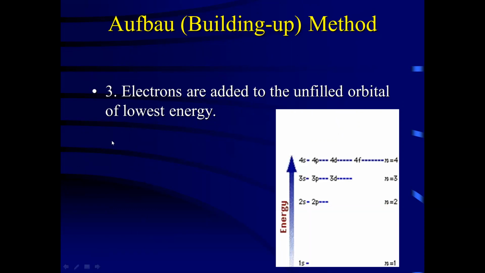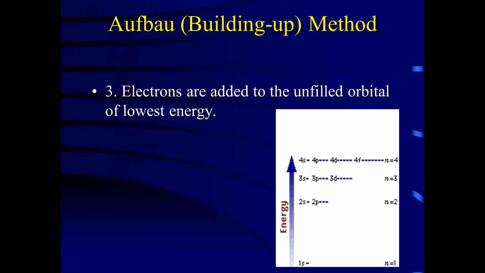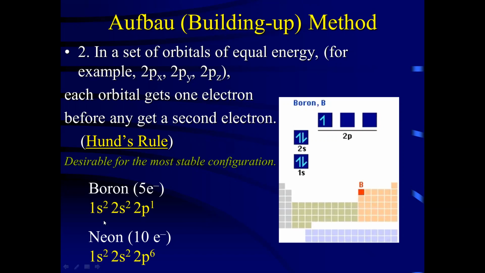The third statement says the electrons are added to the unfilled orbital of the lowest energy first. I think we already used that principle. Do you remember when we filled in the electrons here, we started from here, right? Lowest energy.